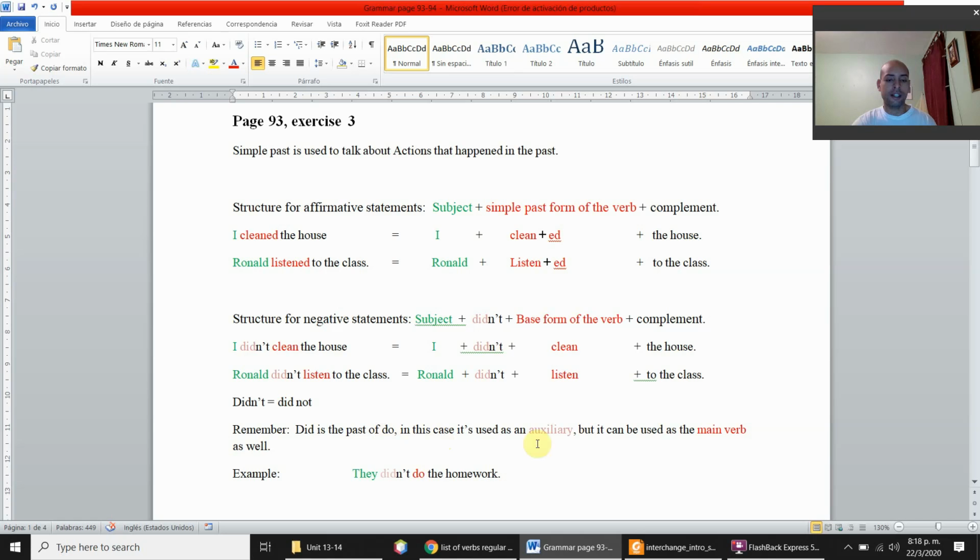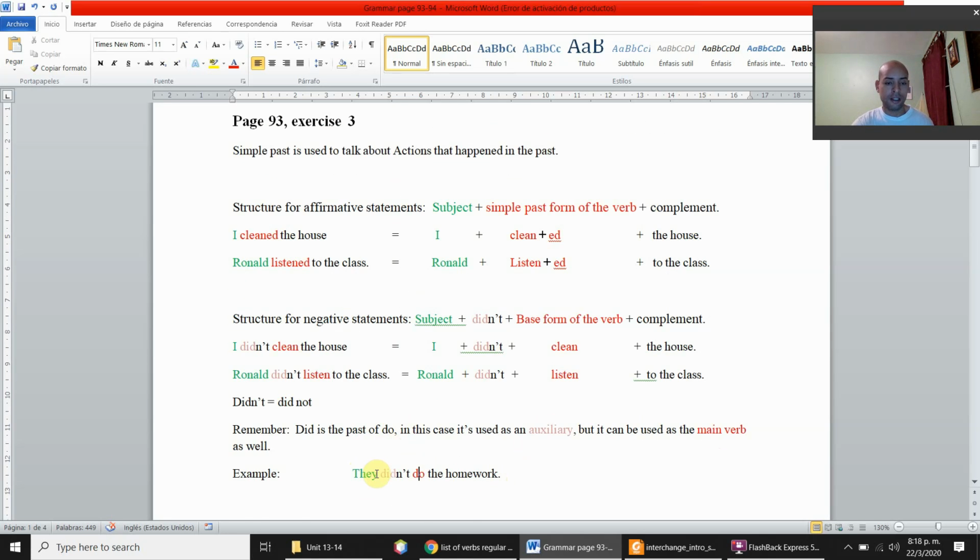In this case, it's used as an auxiliary, but it can be used as the main verb as well. For example, they didn't do the homework.